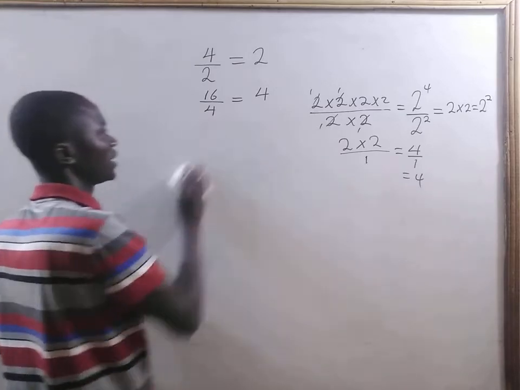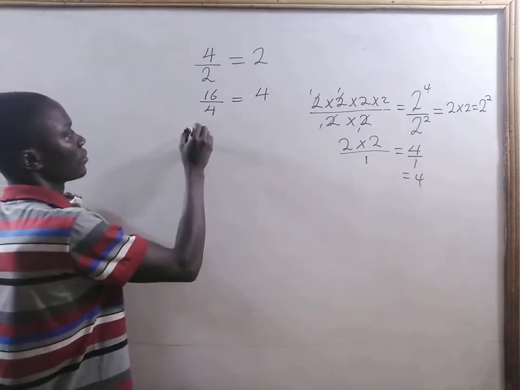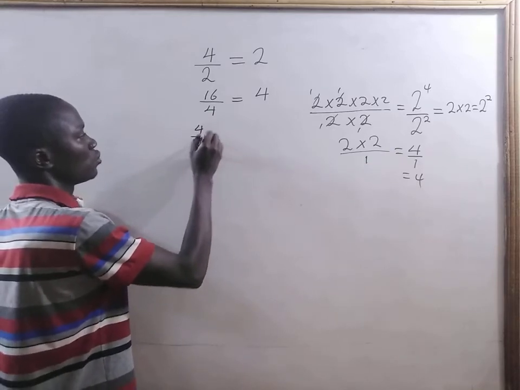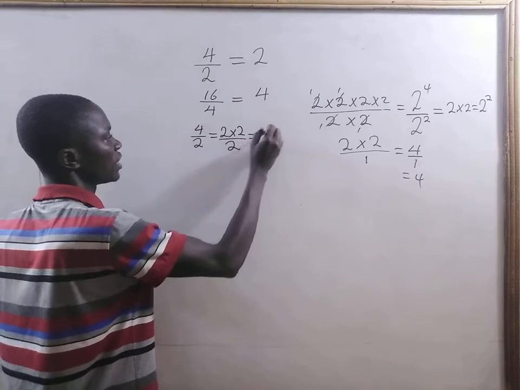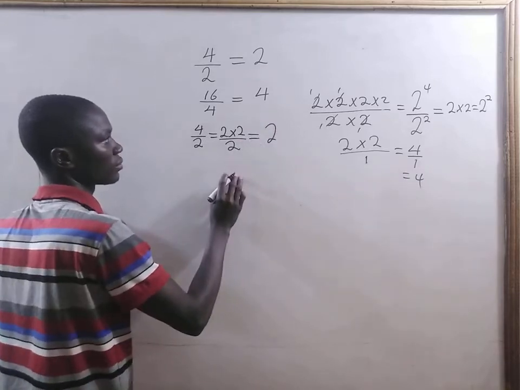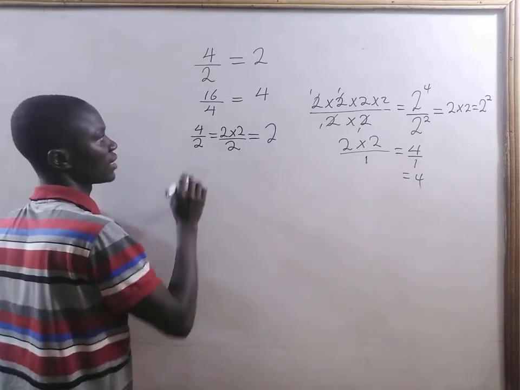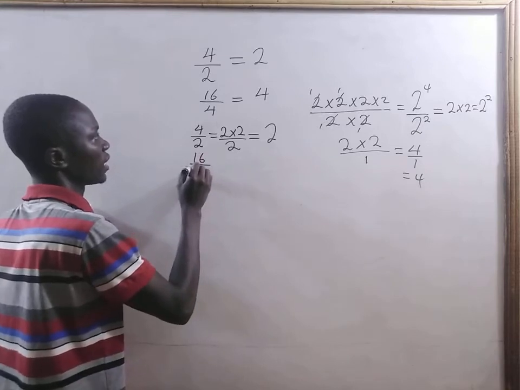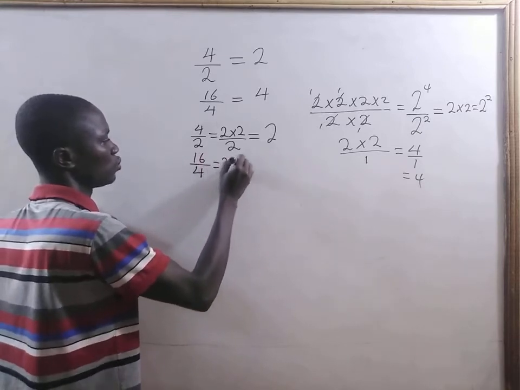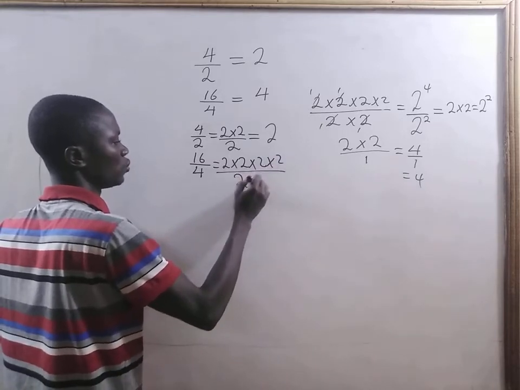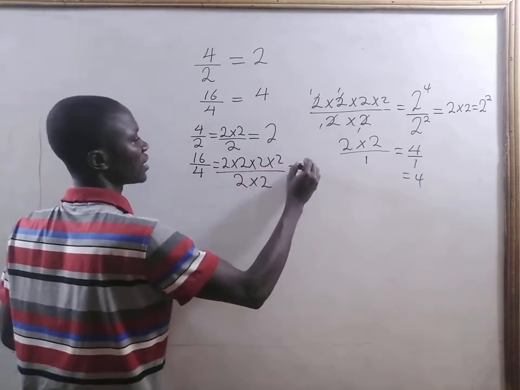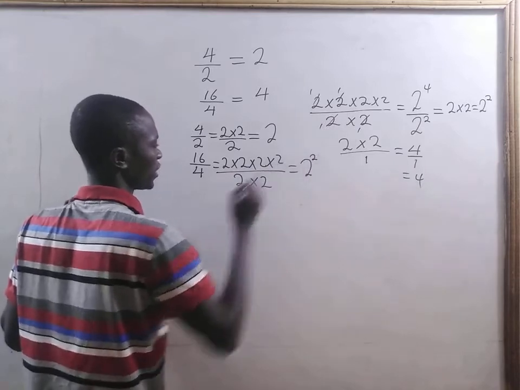So now we've seen that 4 divided by 2 is 2 times 2 divided by 2, which is giving us 2. And 16 divided by 4 is giving us 2 times 2 times 2 times 2 divided by 2 times 2, which is giving us 2 squared.